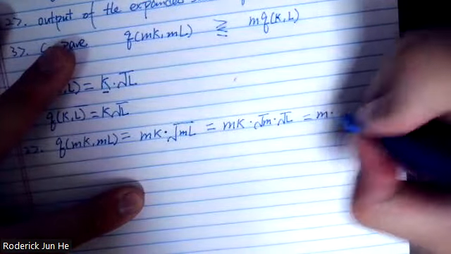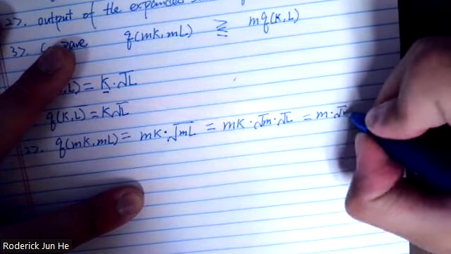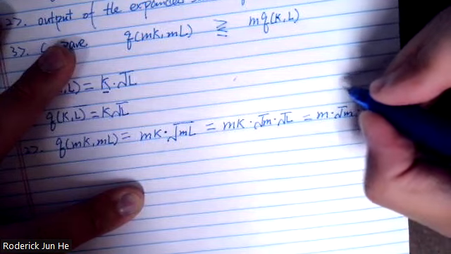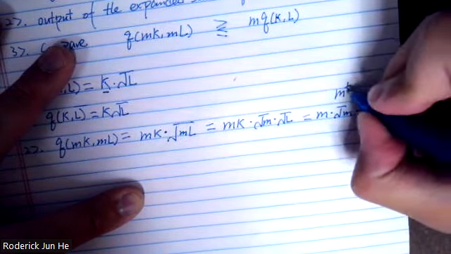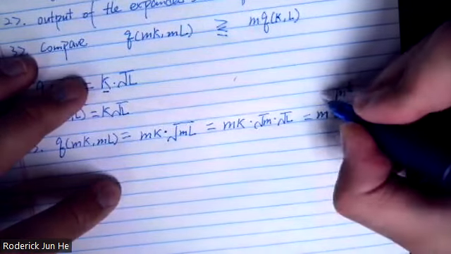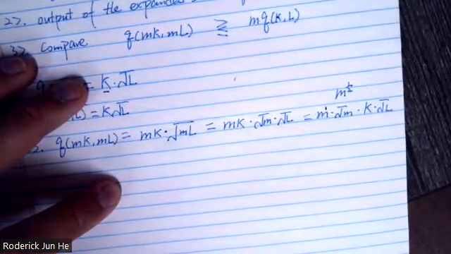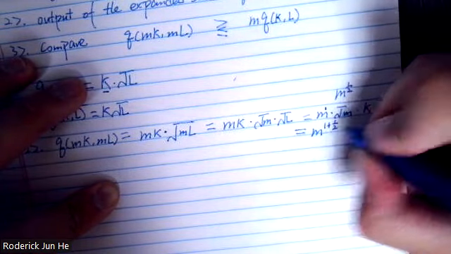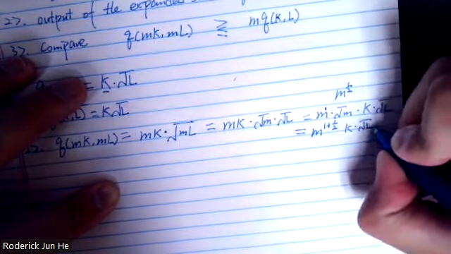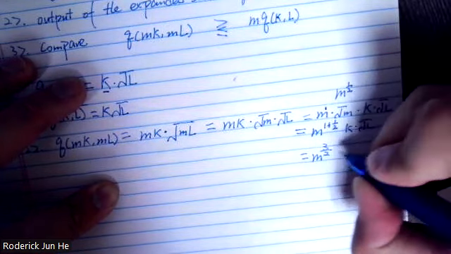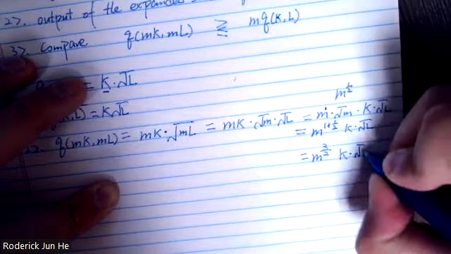That's M times the square root of M times K times the square root of L. Here the square root of M is M to the power of half, and here it is M to the power of 1. So the result is M to the power of 1 plus half, K times the square root of L, which is M^(3/2) K times the square root of L.